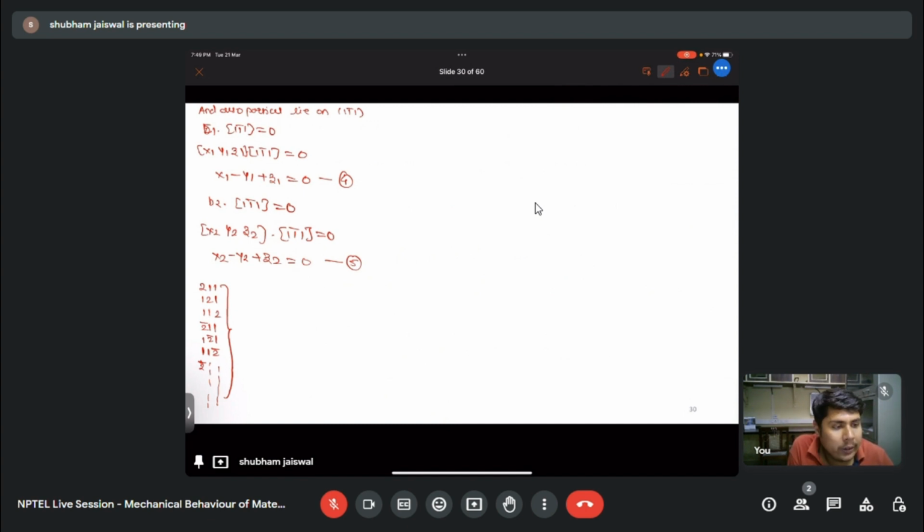So, any answer, guys? If you put them in, you'll get only two indices, that is 1 2 1 and 1 bar 1 2. So B1 will be a by 6 1 2 1, and B2 will be a by 6 1 bar 1 2.